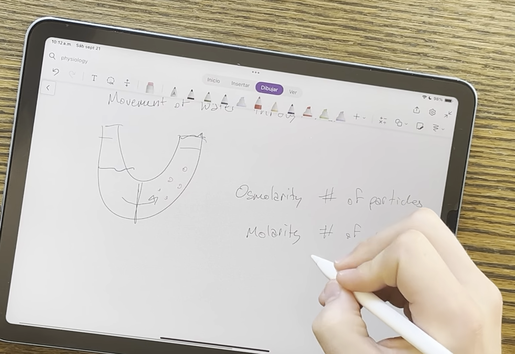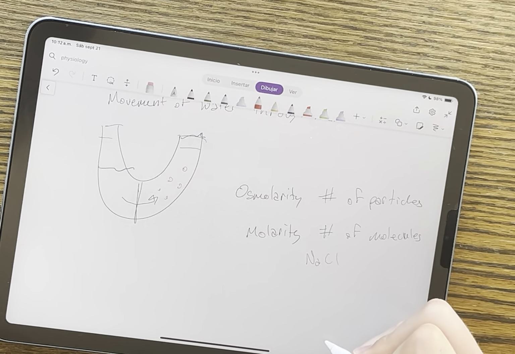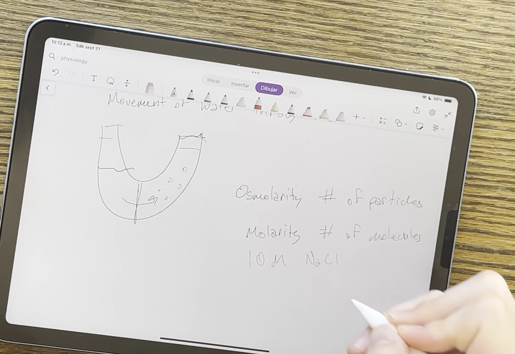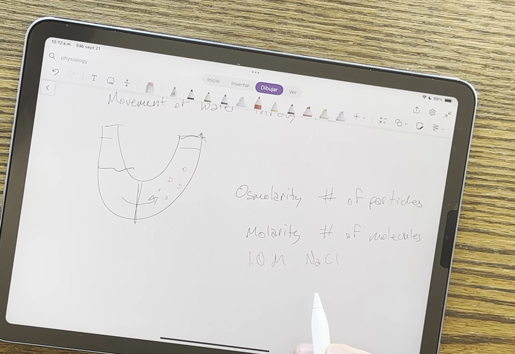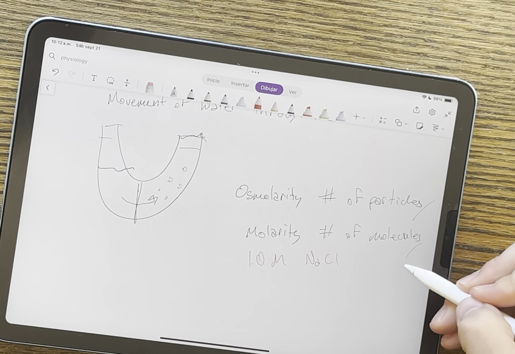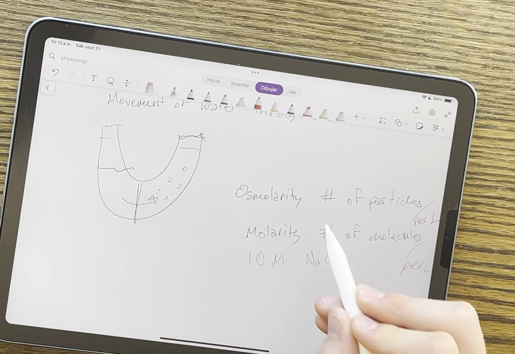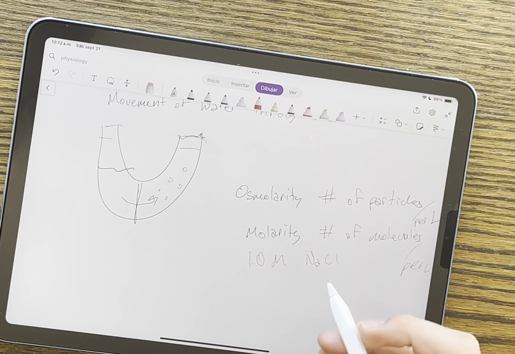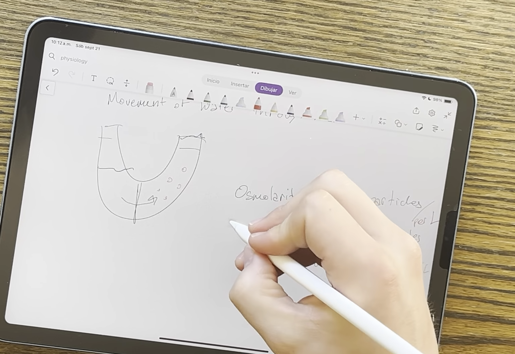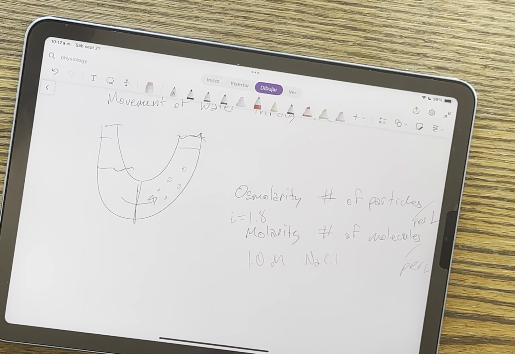But if we take again our salt example, NaCl, and we have a 1.0 molar solution, right? That means we have 1 mole per liter of sodium chloride. These are both per liter. What happens with osmolarity? Osmolarity recognizes that sodium chloride dissociates at a constant of 1.8.